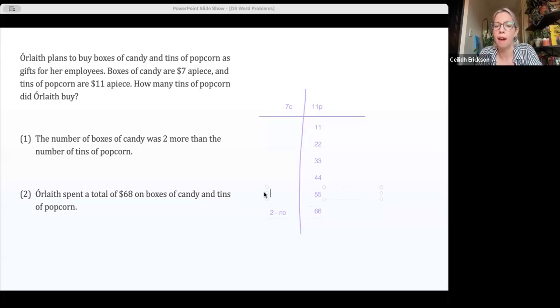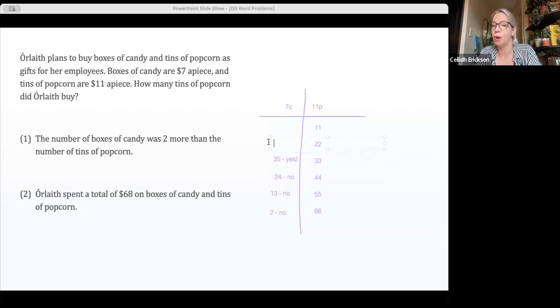If it were 55, then we're looking at 13. No, that's not a multiple of 7. If it were 44, then we're looking at 24. Nope, not a multiple of 7. This is tedious and annoying. Believe me, I hate this as much as you hate watching me do it. 33, that leaves 35. Okay, yes, that could be a multiple of 7.